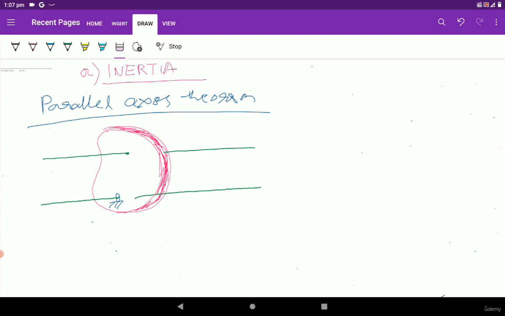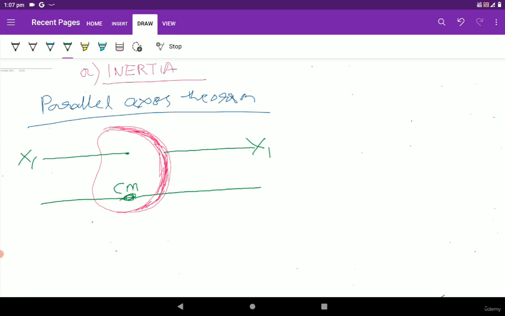Suppose this is the x1 axis, and this is the axis passing through the center of mass of the object lying here at this point.